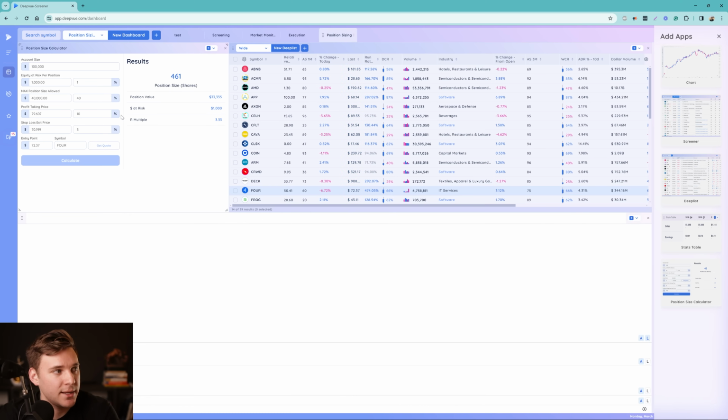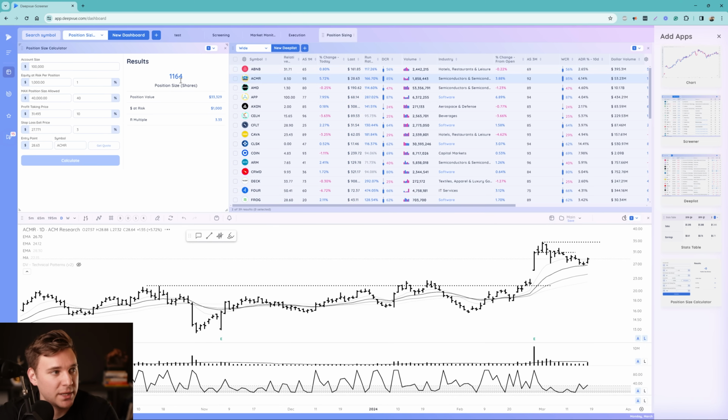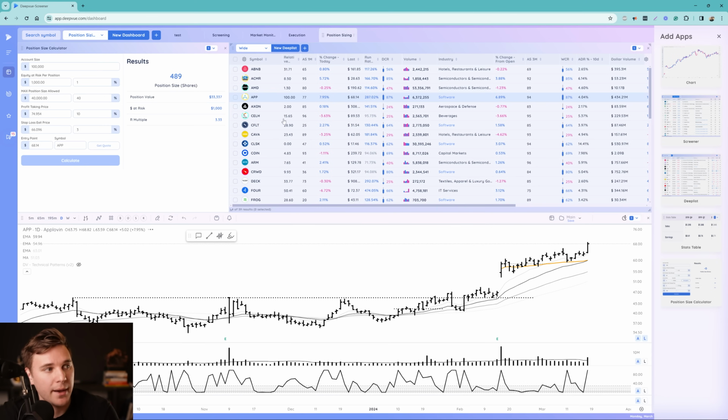We recently added the position sizing calculator, which allows you to quickly identify how many shares to buy based on a set risk. So you can create a dashboard to suit different needs. I've got a market monitor that I use to monitor ETFs and the overall indexes, my trade execution monitor, and then of course you can set up a screening or more specialized dashboard. But that's a small view into the capabilities of DeepView.